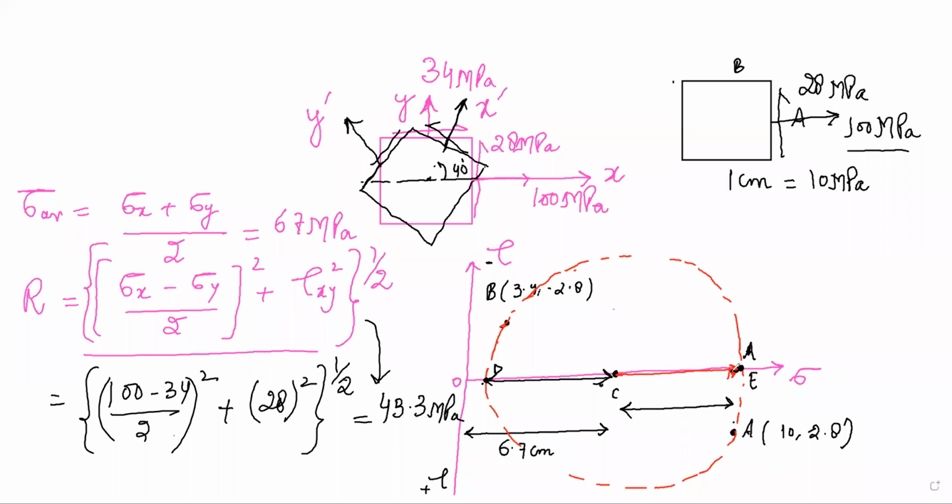So what you will do is, with C as a center, draw an angle. How much is your theta? 40 degrees. But with C as a center, draw a line at an angle equal to 2 times theta, that is equal to 80 degrees. Whatever angle is given to you, you have to take twice of it. Why?